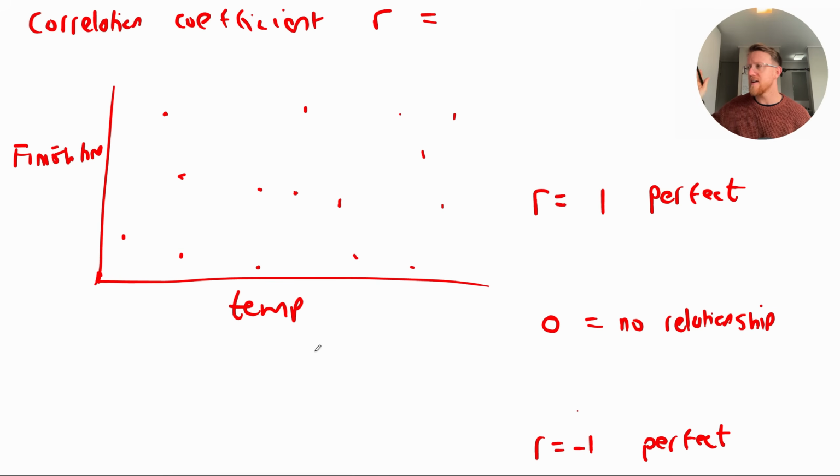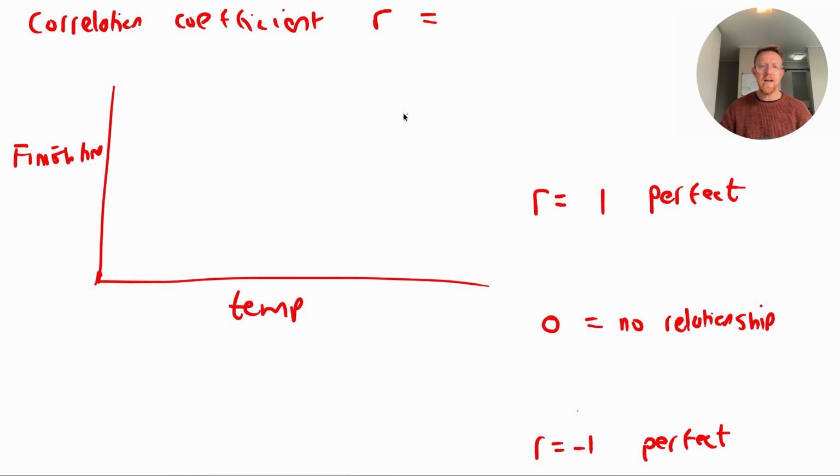And for other runners, even if it's cold, they will have a very high finishing time. So there's absolutely no relationship, and there's nothing that we could say between temperature and finishing time. It would be completely random. That is what an R value of 0 would mean: there's 0 relationship.